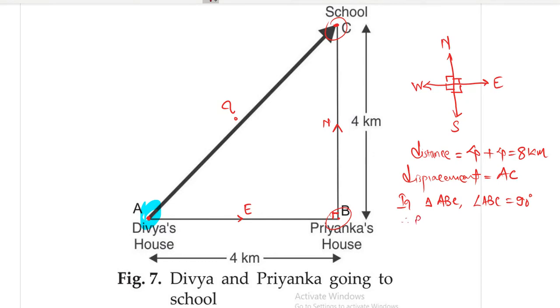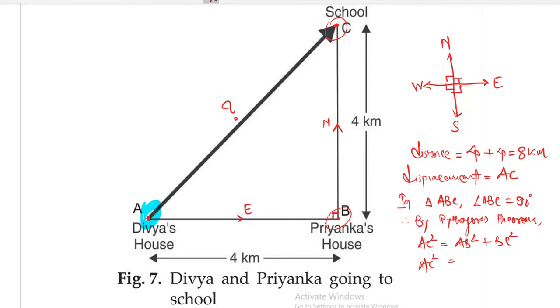So therefore, by Pythagoras theorem, you know Pythagoras theorem, right? By Pythagoras theorem, AC square is equal to AB square plus BC square. What is AC square? We don't know.